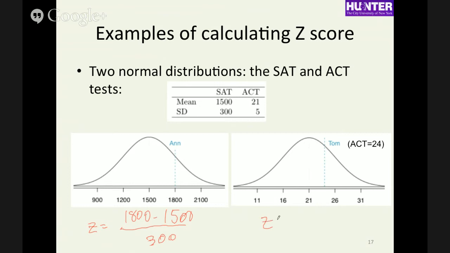For Tom, it's 24 minus 21 over 5. So this is 1, and this is 3/5. So who did better relative to their peers? Anne. Yep.